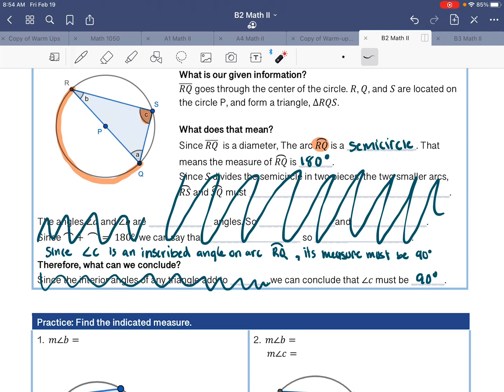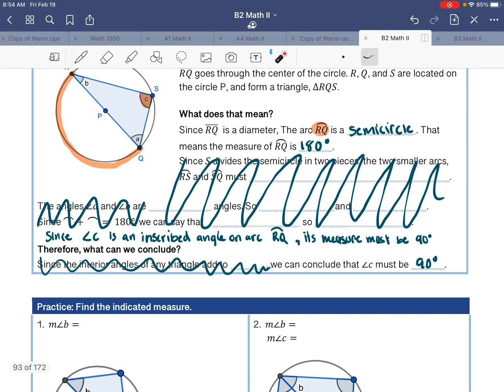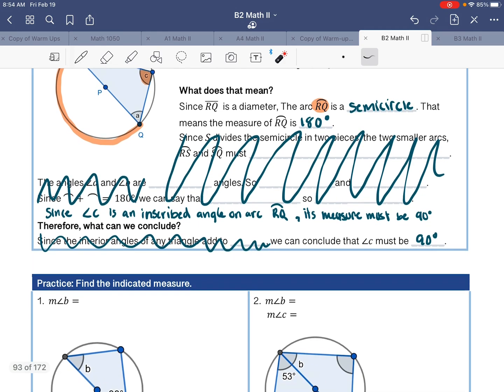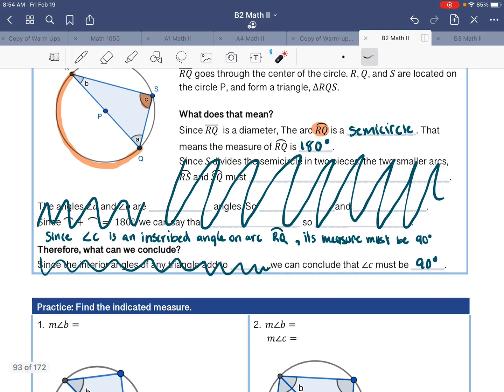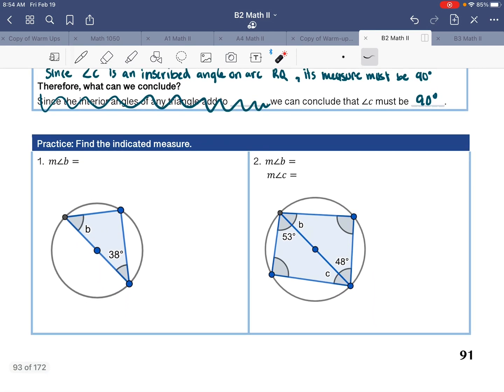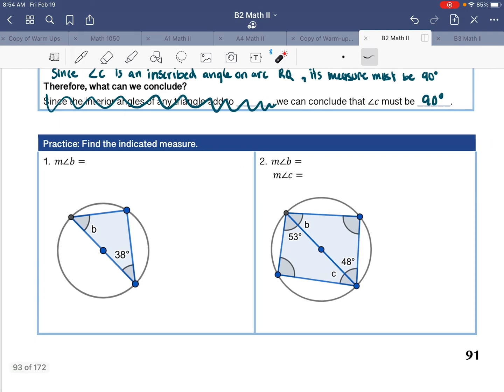So now we can use that fact whenever we want to, because we've proven it. We can use the fact that the angle C is 90 degrees if one side of the triangle goes through the center of the circle, which makes it a right triangle.